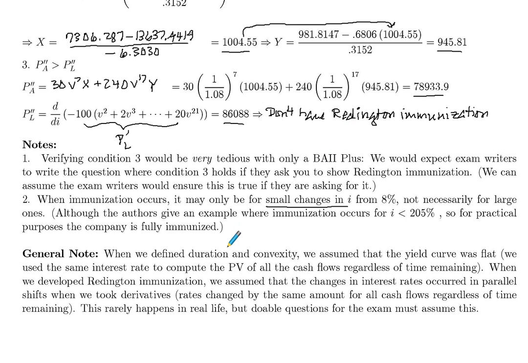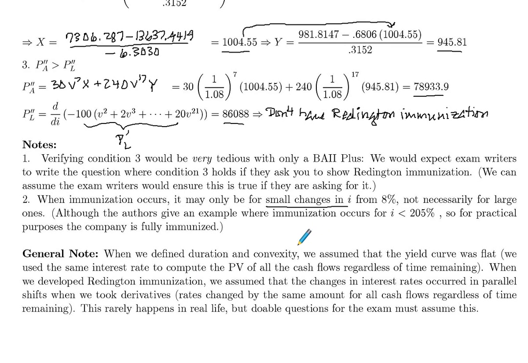And then a general note: when we defined our duration and convexity, we assumed that the yield curve was flat, and then we used that same interest rate to compute the present value of all of our cash flows, no matter what the time remaining was.